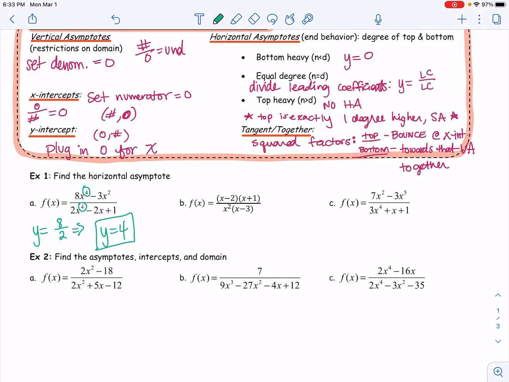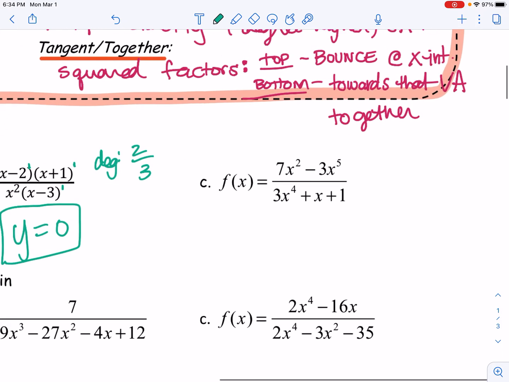In my second problem, the degree of the top is 2 because 1 plus 1 is 2. The degree of the bottom is 3 because 2 plus 1 is 3. So if the degree is 2 over 3, that's bottom heavy. The degree of the bottom is bigger. So y equals 0. And lastly, in C, it's in standard form again.